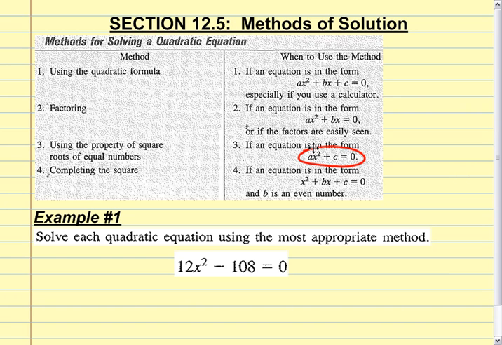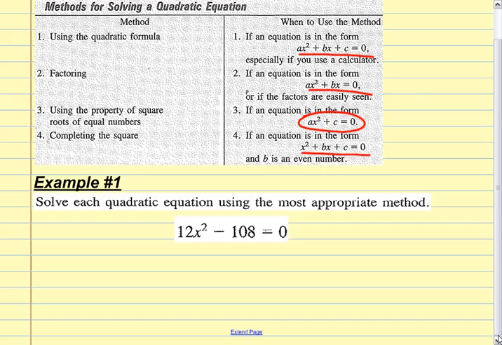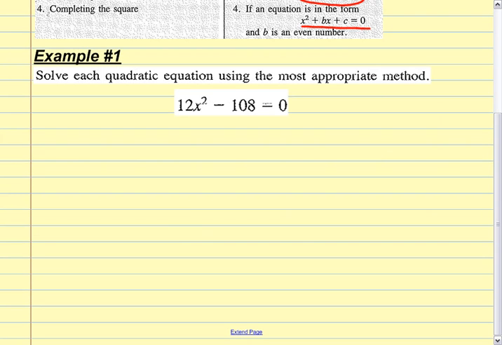But anytime you have it in standard form, x squared plus bx plus c, you've got 3 terms there, then you're going to want to either factor or use the quadratic, I think. This section is just solving quadratics and picking whichever way you'd like to do it, the way that you feel most comfortable. So I'm going to move down here. I'm going to pick my way with the examples, but you may choose another way.